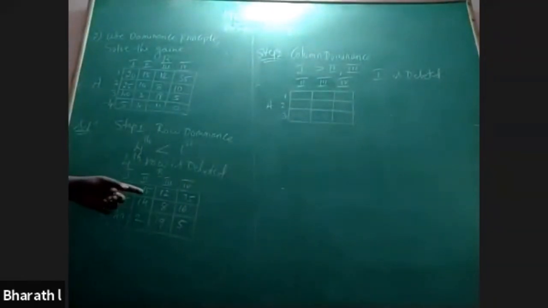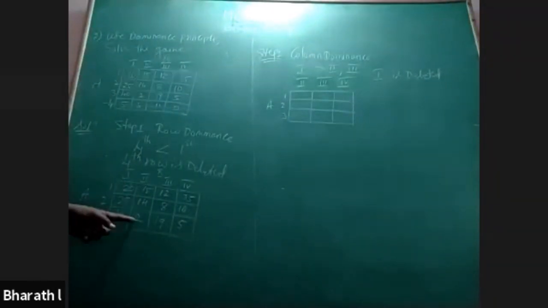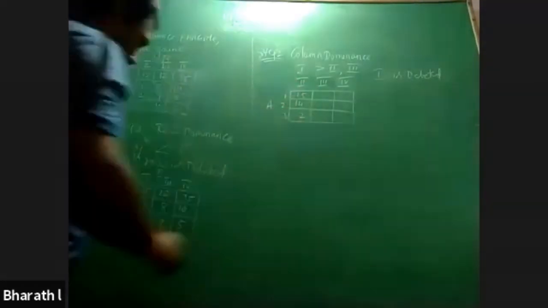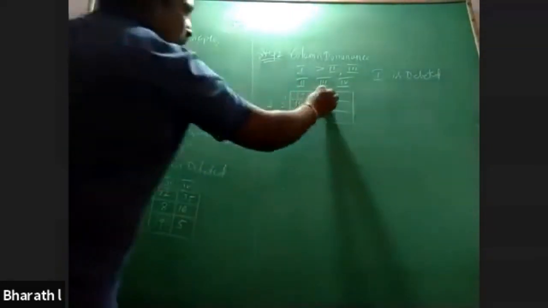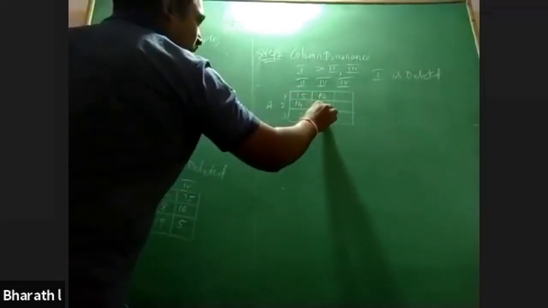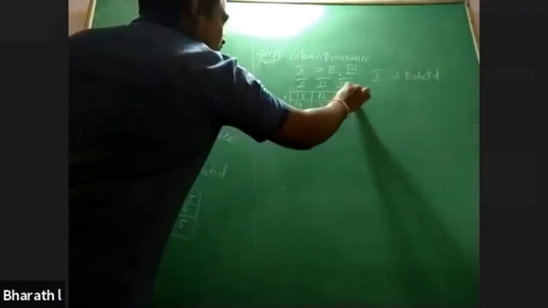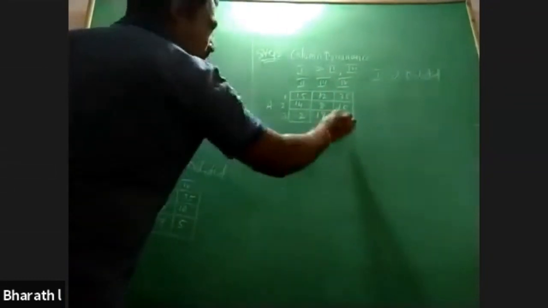The left out elements are 15, 14, 2, 12, 8, 19, 35, 10, and 5.